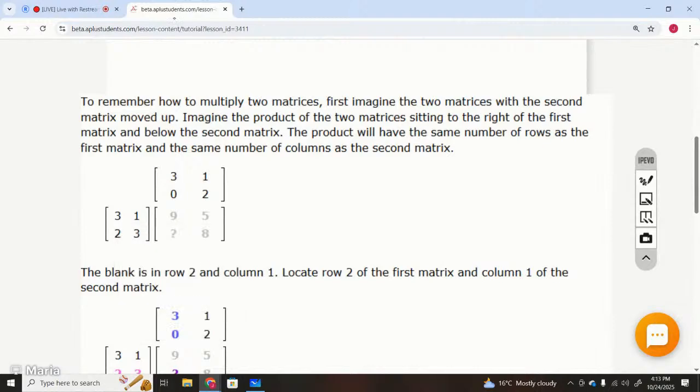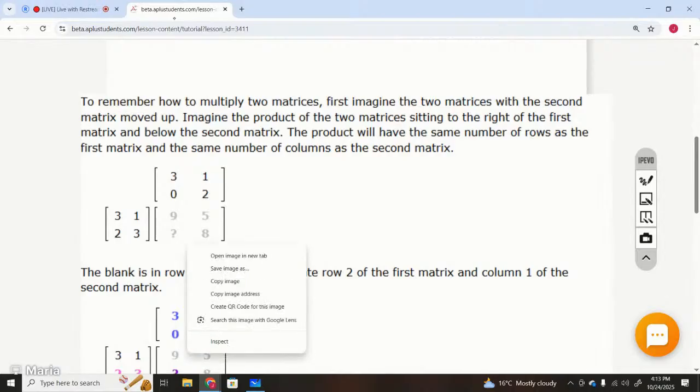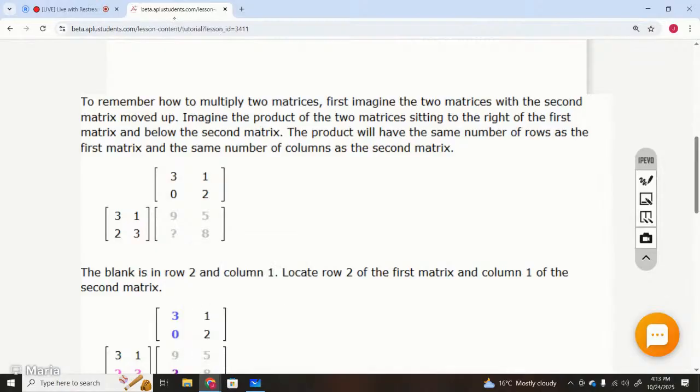This is the first matrix, this is the second matrix, and this is the product of both the matrices, right? You need to write them down like this. The product will have the same number of rows as the first matrix and the same number of columns as the second matrix.